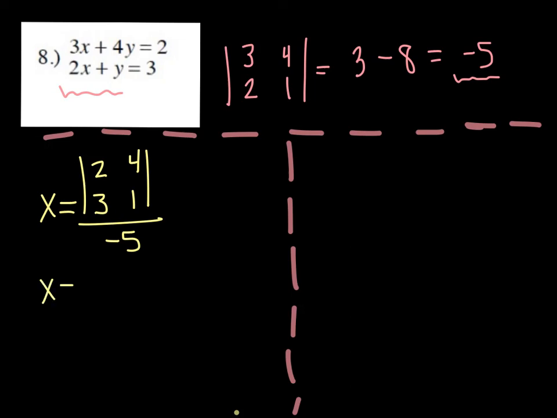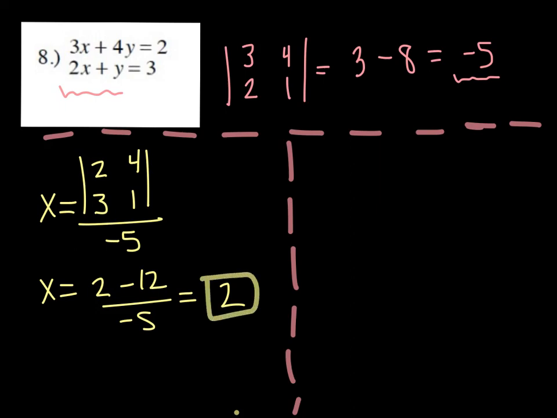So x will equal 2 times 1, which is 2, minus 3 times 4, which is 12, over negative 5. So that gives us negative 10 over negative 5, which gives us positive 2 for x.